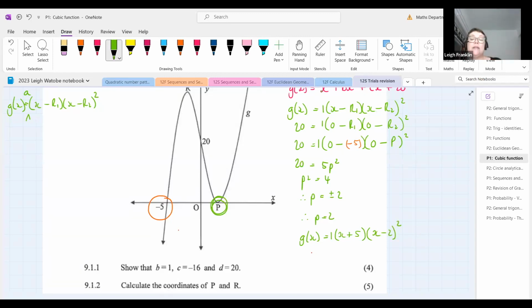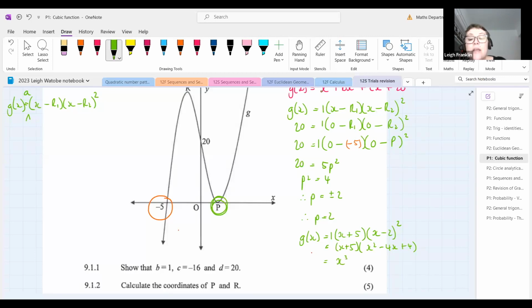Does that make sense to everybody, that I have changed the signs? So we've got our x plus 5. Here we're going to have x squared minus 4x plus 4. Oops, I'm running out of space here.